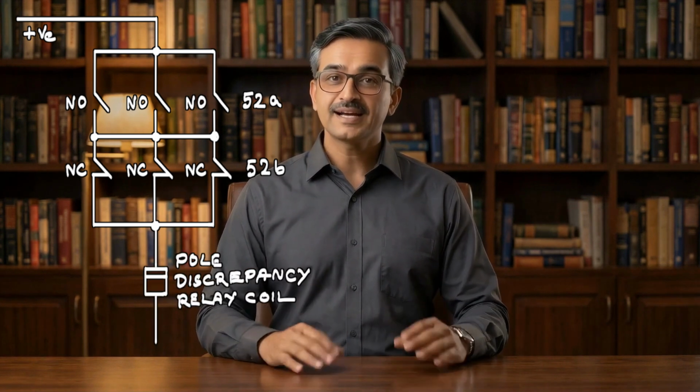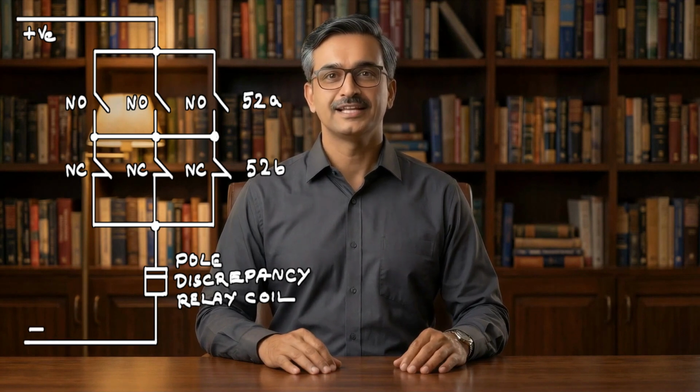So we get three branches. Each branch has one NO and one NC contact in series. Then these three branches are connected in parallel. The junction points of these series contacts are shorted together. One side of this combination is connected to the positive DC supply and the other side is connected to the pole discrepancy relay coil. The other end of the coil is connected to the negative supply.